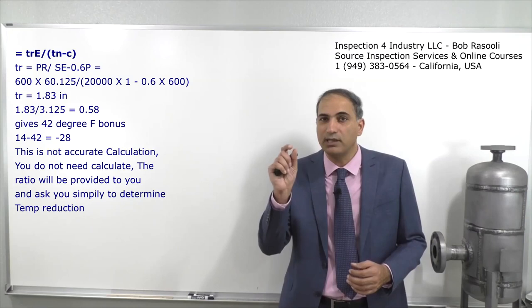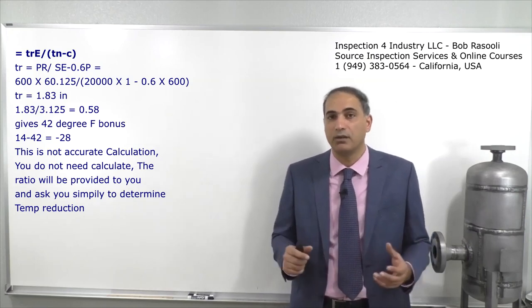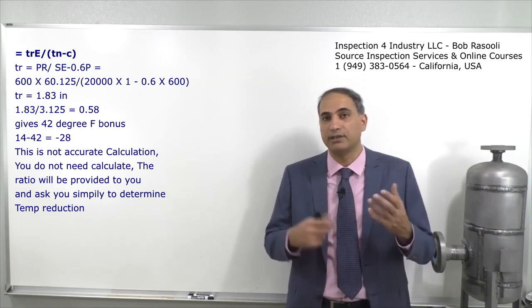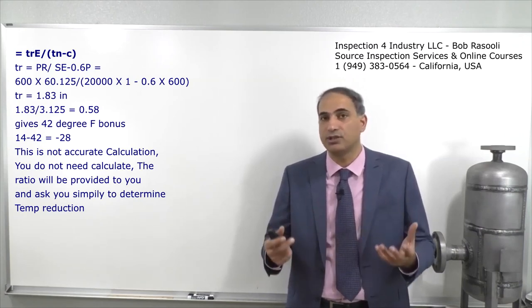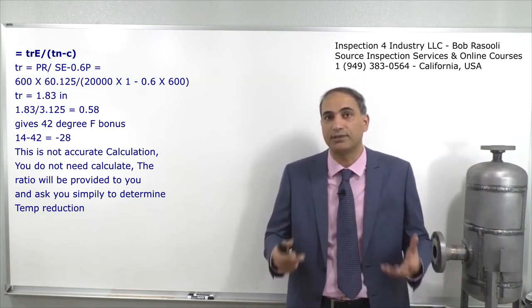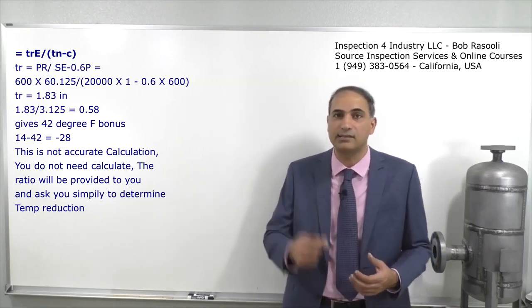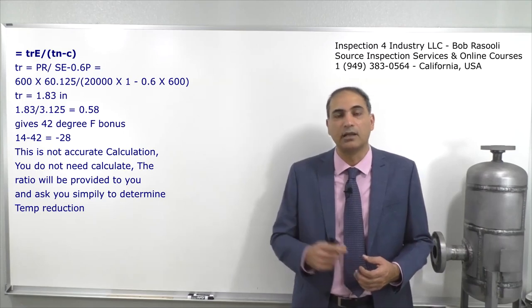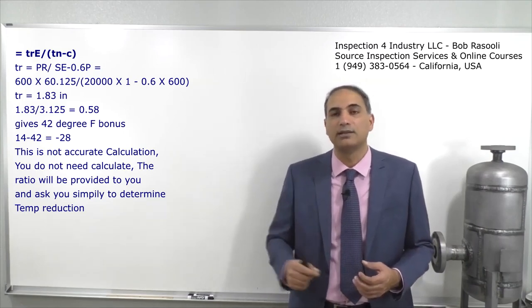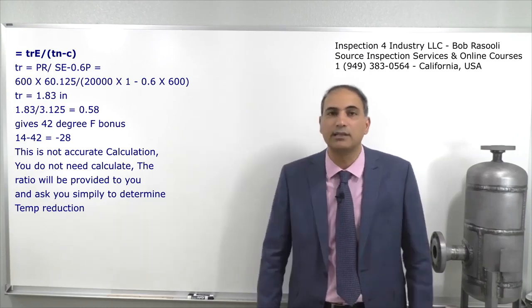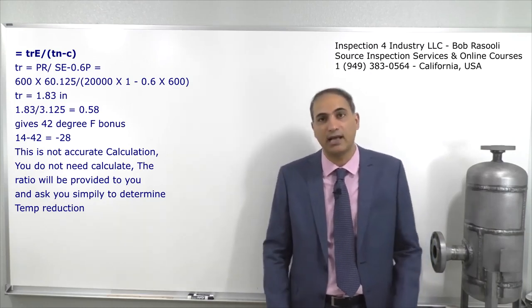That number came with decimals and many digits, so you can't get a plate with exactly that thickness. When you calculate something, you can't get exactly what you calculated. You have to get a higher thickness to match it.